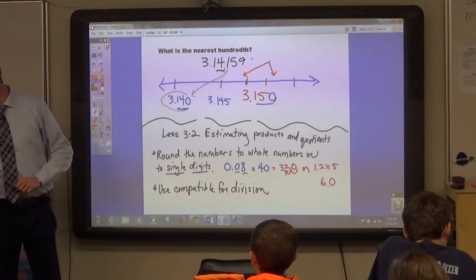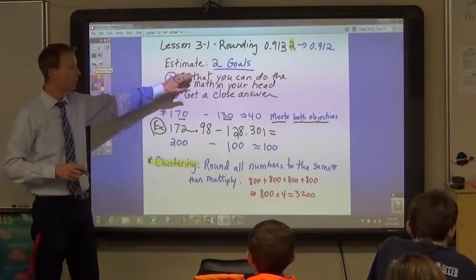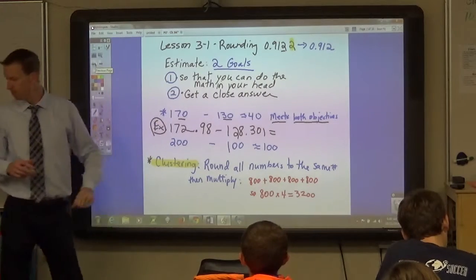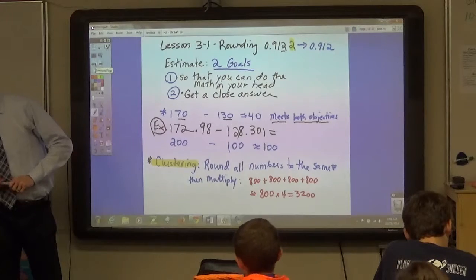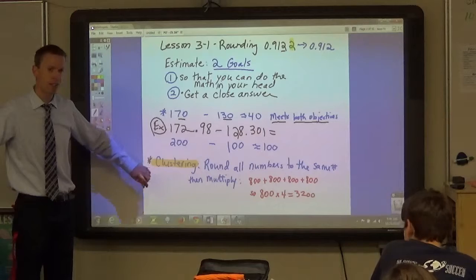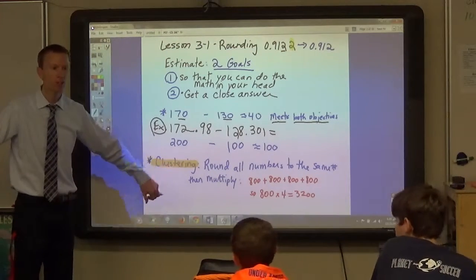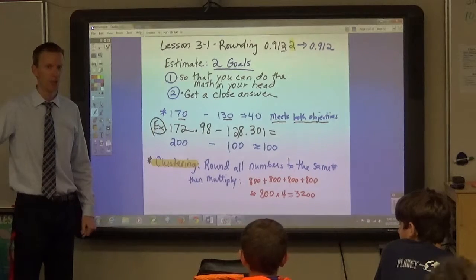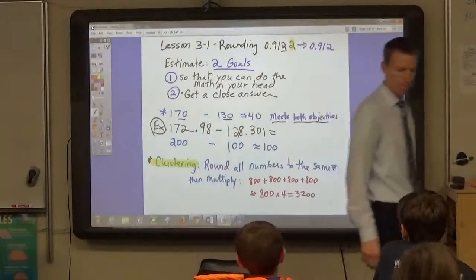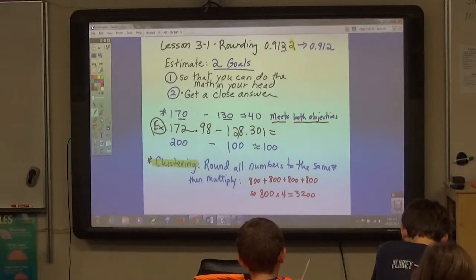Section 3 is estimating, using these two goals to guide us to get a good estimate. And then I want you to use clustering again, which means rounding all the numbers to the same number and multiplying. Any questions on that? All right, that should cover lesson 3.1 for you.